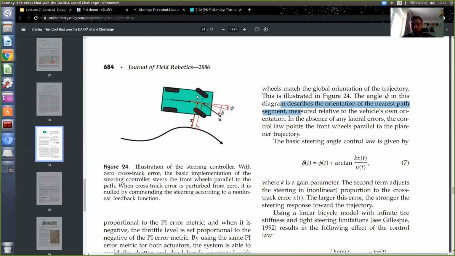We at least want our wheels to be parallel to the closest line segment. But we also want to minimize the cross-track error, which is why we have an additional term here that depends on the cross-track error. We just transform our cross-track error, which is in meters, to angles with arctangent. That is it. That is quite simple.